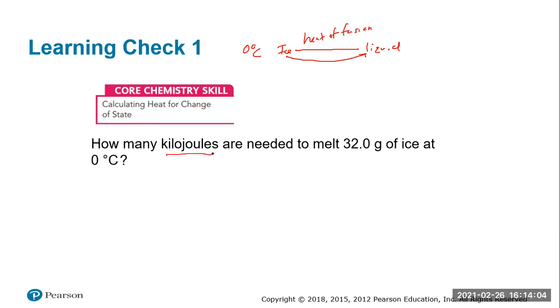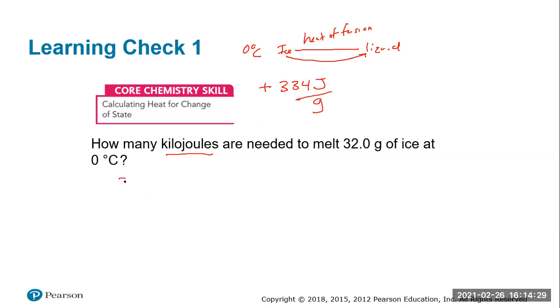Since it wants kilojoules, I'm going to use that relationship in joules. 334 joules per gram is our heat of fusion for liquid water. And I'm going from ice to liquid water, right? So that means it's going to be an endothermic process, which means I want a positive value there.